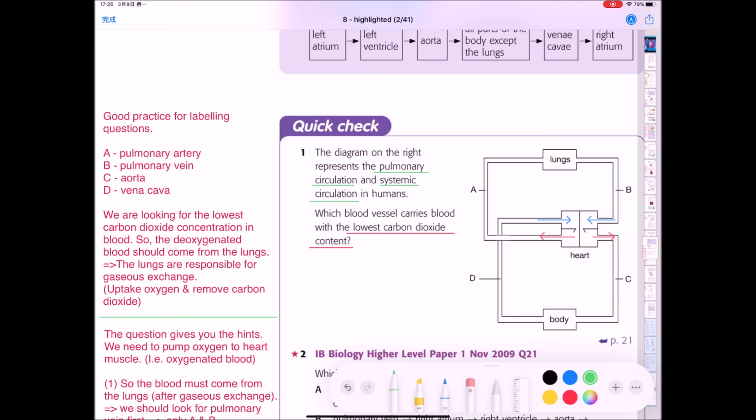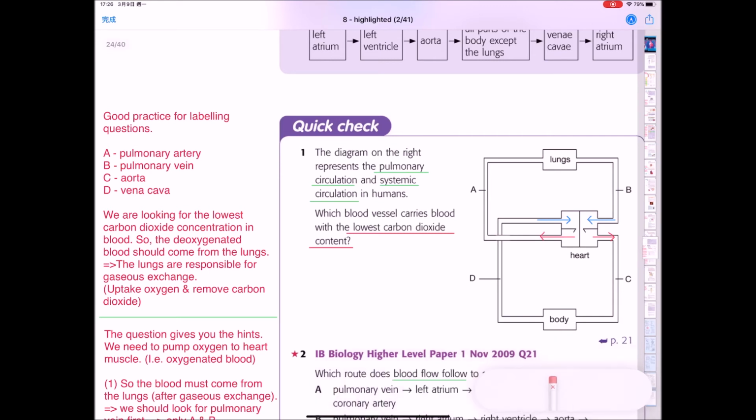The secret is to take a look at the valves to determine what should be the direction of the blood flow. The key point is to take a look at this particular part to distinguish the blood flow.